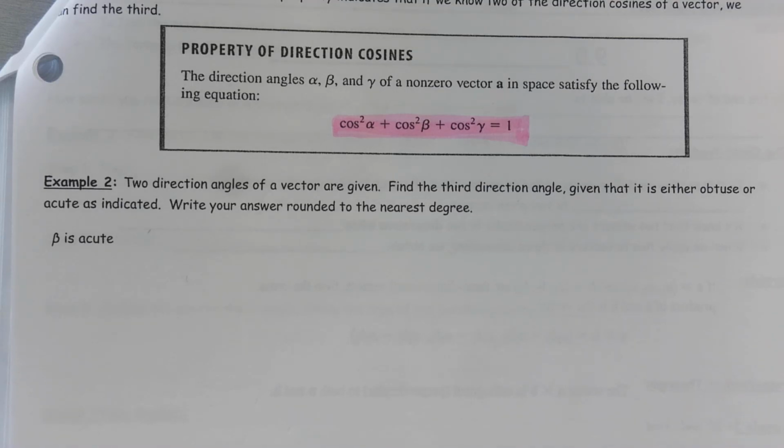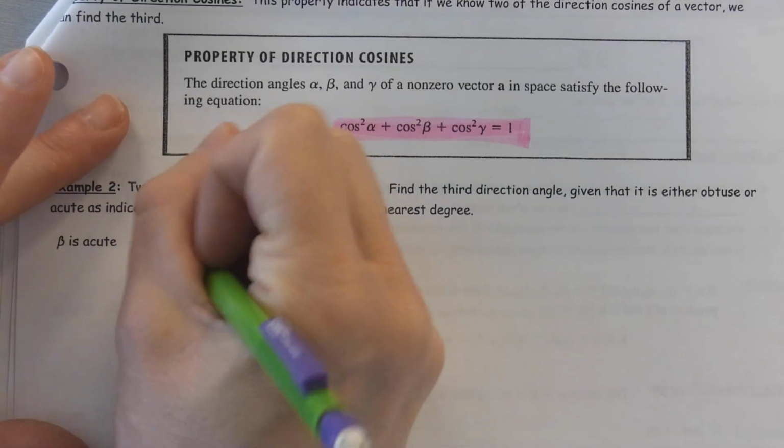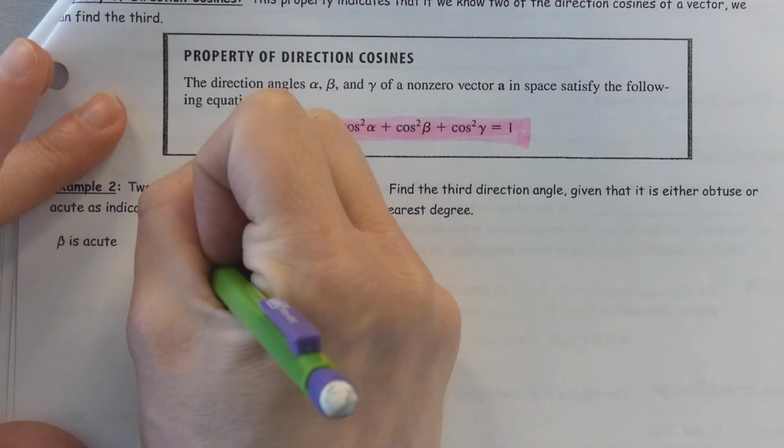So that means if instead of getting the vector to begin with, somebody gave me alpha and gamma, or beta and gamma, I could work backwards and find the other angle. So this is a situation where you're being given different information, and this would be the equation that you would need.